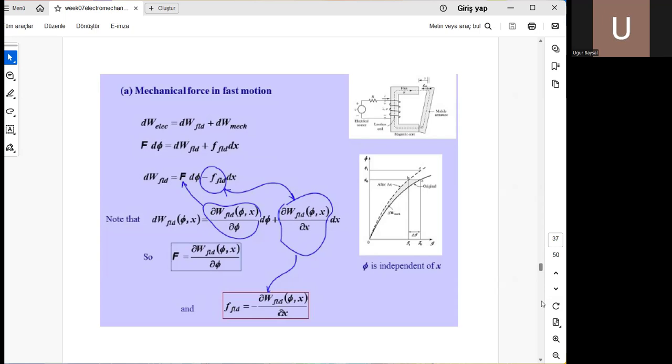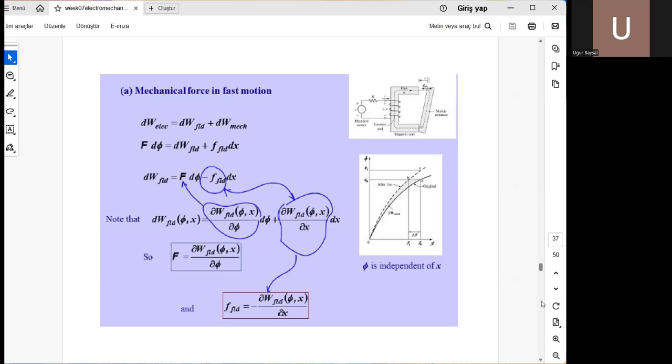As shown with the blue arrows and encircled variables, we have an equation of MMF, which is the partial derivative of the energy with respect to flux, and we have an equation of the field force, which is a partial derivative of field energy with respect to X. So this is our second alternative tool to calculate the force.